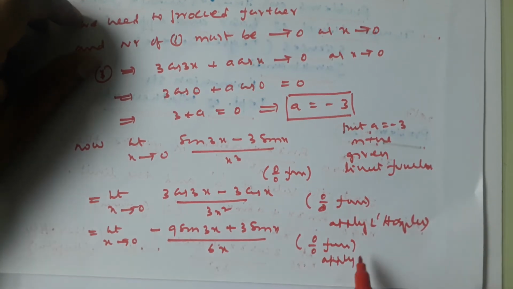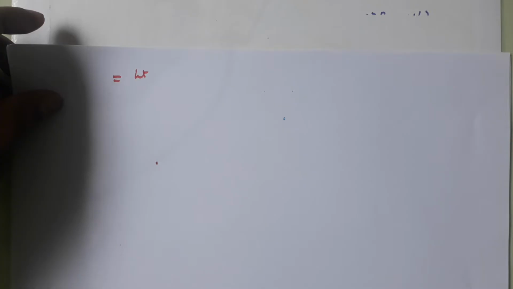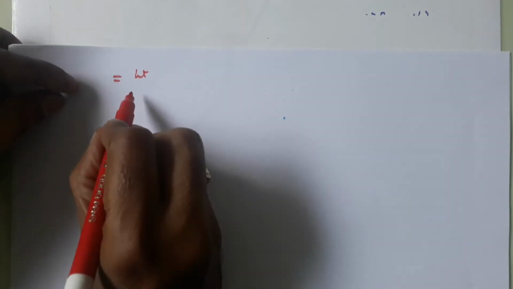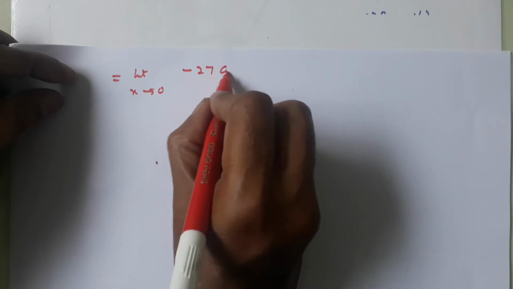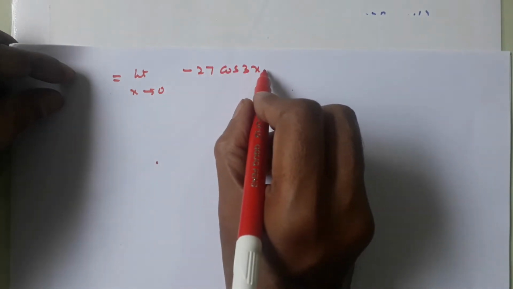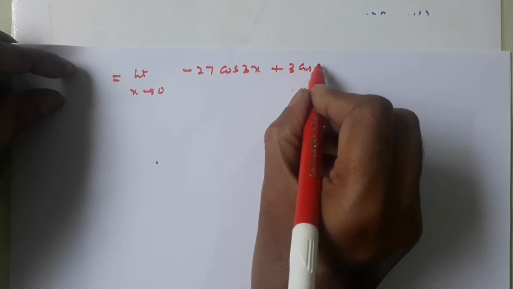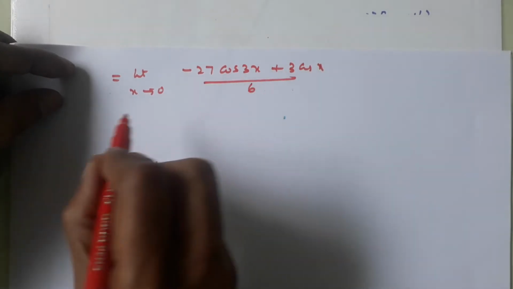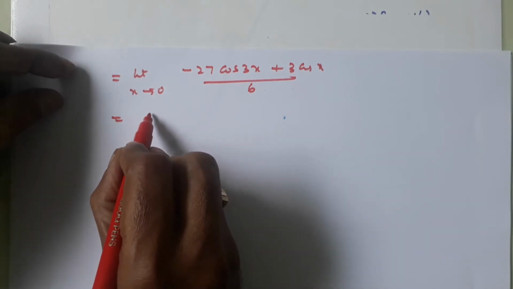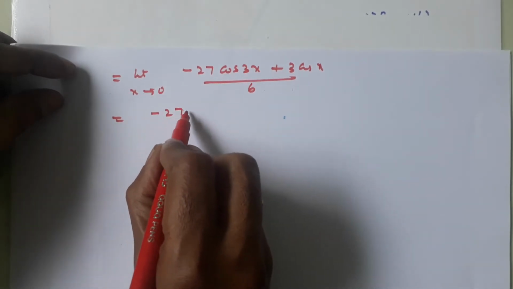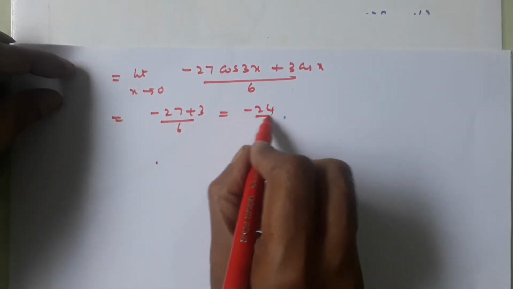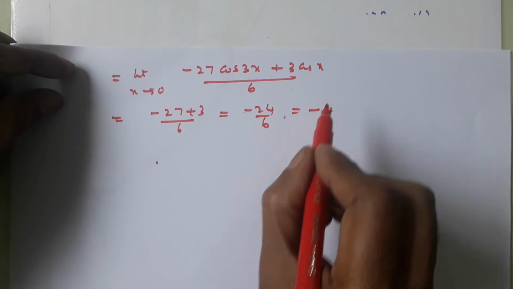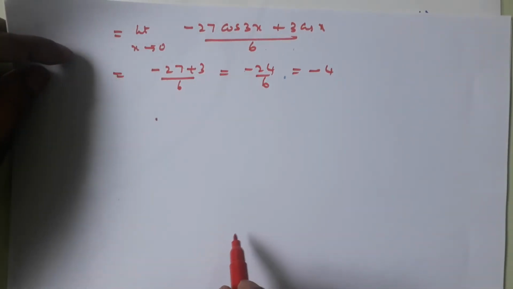It is limit x tends to 0 of (minus 27 cos 3x plus 3 cos x) divided by 6, which on applying the limit is (minus 27 plus 3) divided by 6, equal to minus 24 divided by 6, equal to minus 4. So the limit value is minus 4.